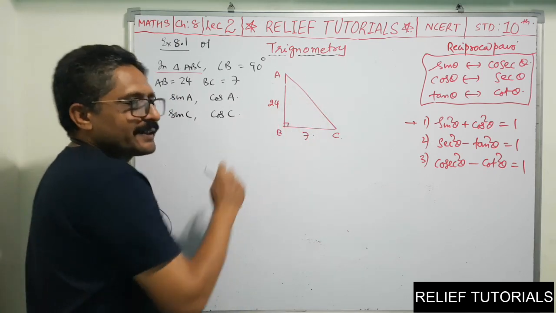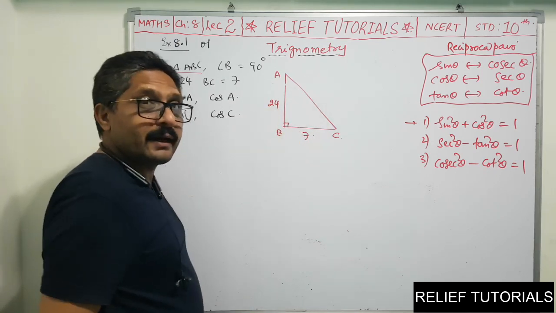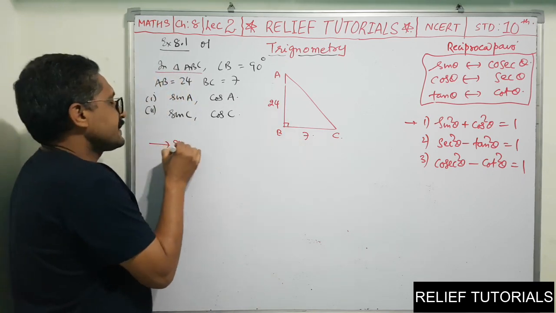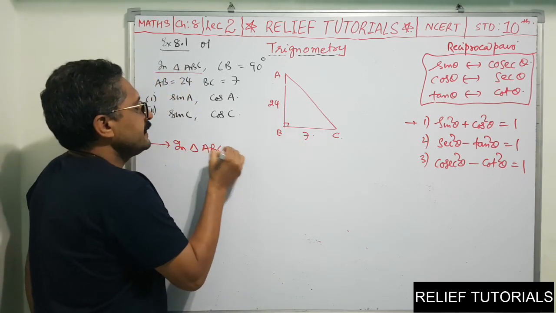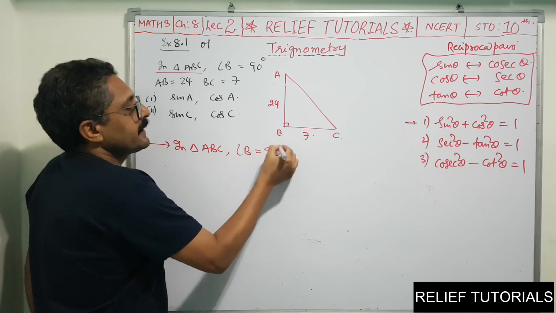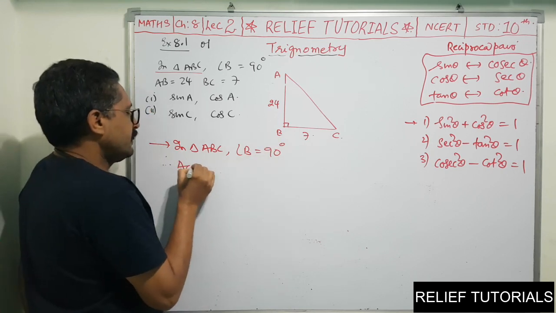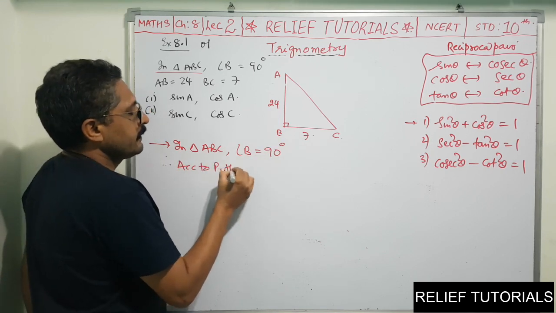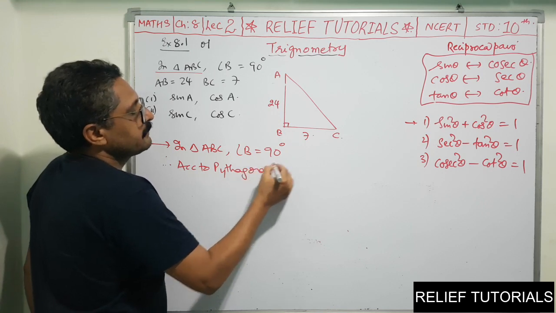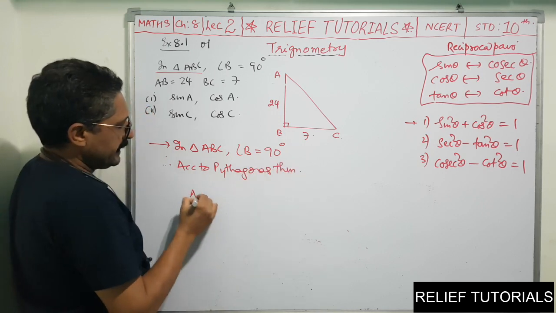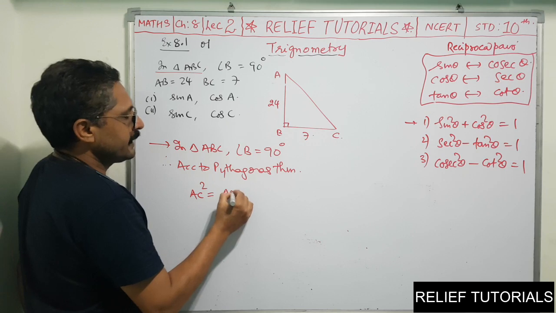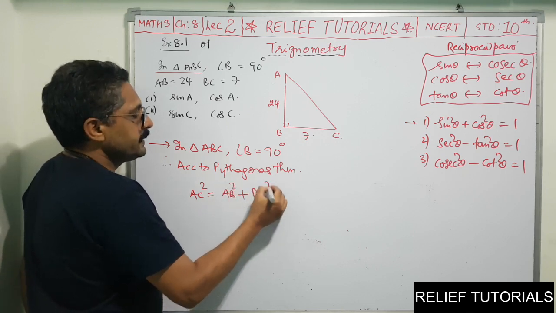We have two sides of a triangle. The remaining third can be found out by Pythagoras. So I can say in triangle ABC, angle B is equal to 90 degrees. Therefore, according to Pythagoras theorem, AC square is equal to AB square plus BC square.